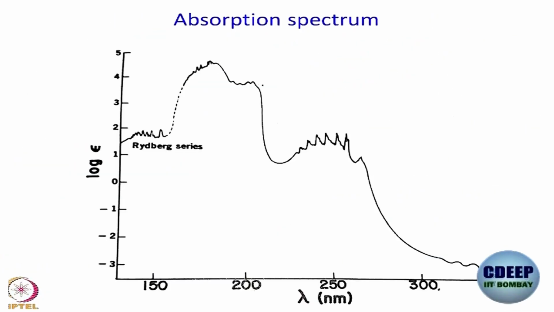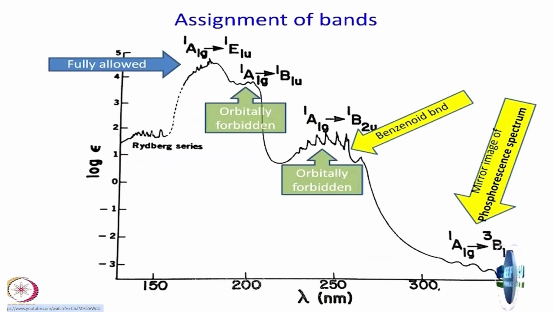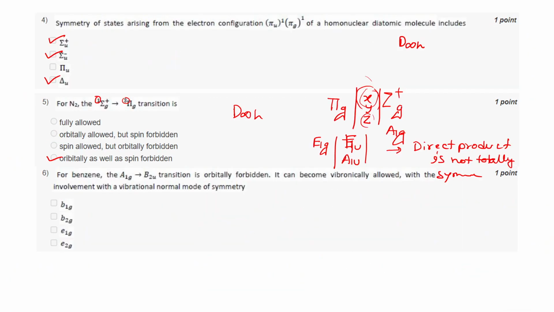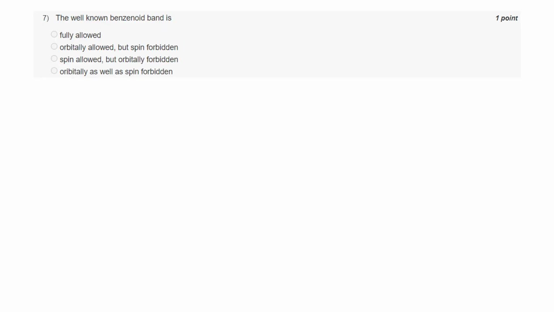So the normal mode of vibration should also have that, B1G and E2G. Okay. Next, the well-known benzenoid band, as we already discussed, is orbitally not allowed, but spin allowed, right? That is what we have discussed today.